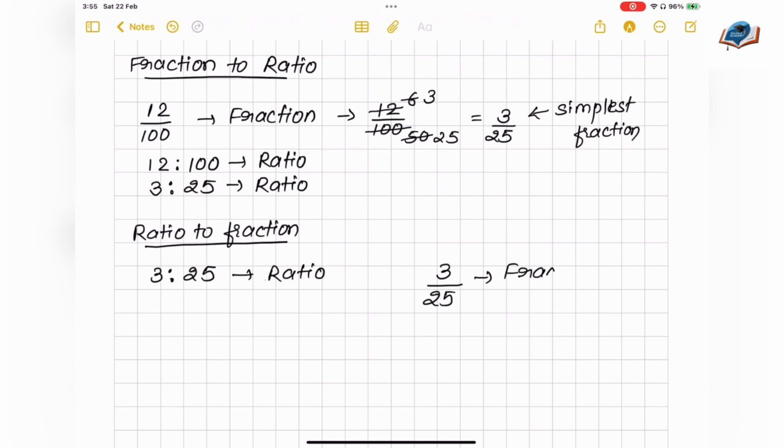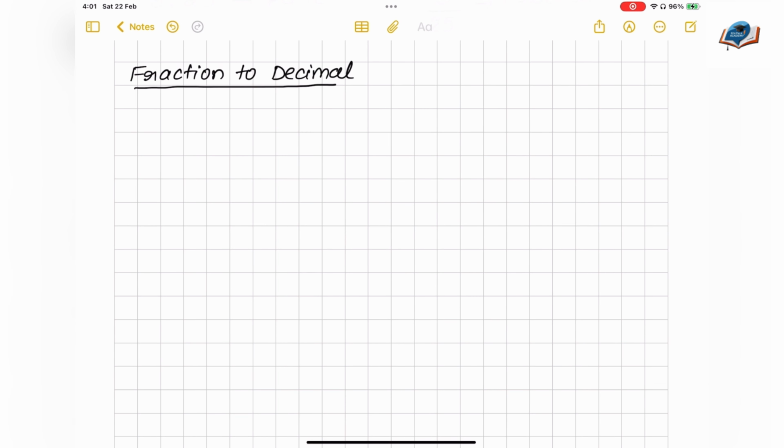So I can directly say 3 upon 25. This is my fraction, and in ratio we say "is to", and in fraction we say "upon". So these two are easy. Now let us understand conversion of fraction to decimal. So suppose, let me take 3 upon 25 as the last example.